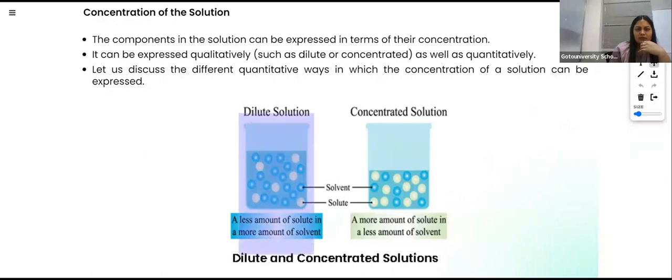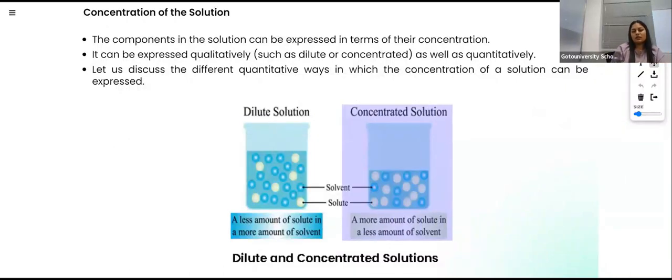Here in dilute solution, less amount of solute is present in more amount of solvent, and in concentrated solution, more amount of solute is present in less amount of solvent, right? So the components in the solution can be expressed in terms of their concentration, right? So it can be expressed qualitatively, but more quantitatively.